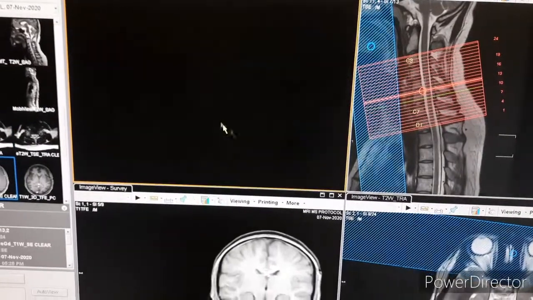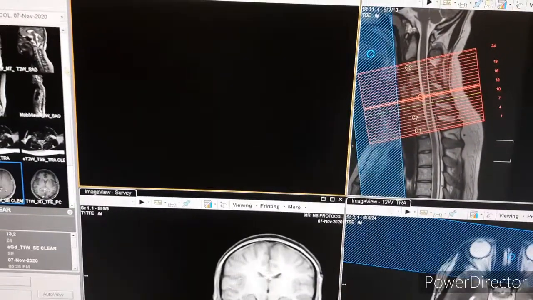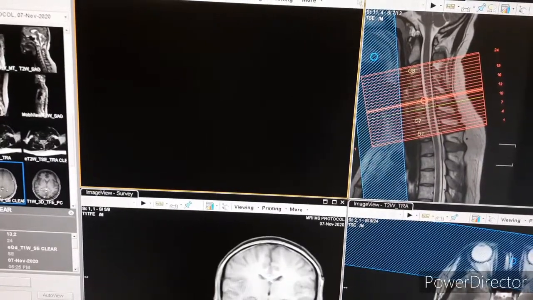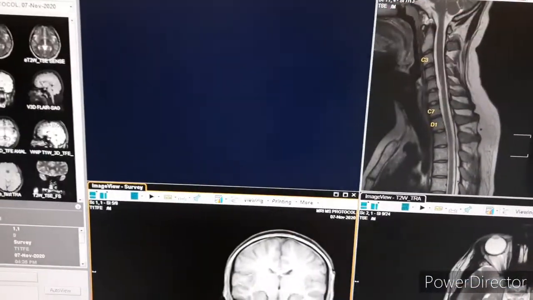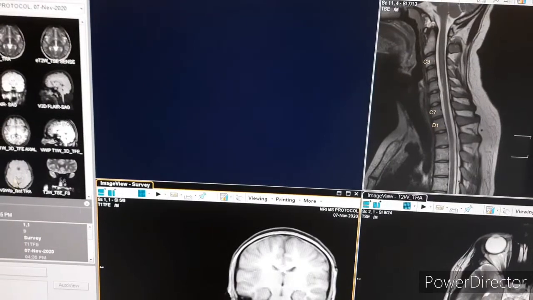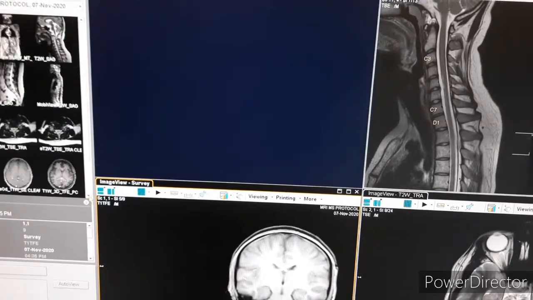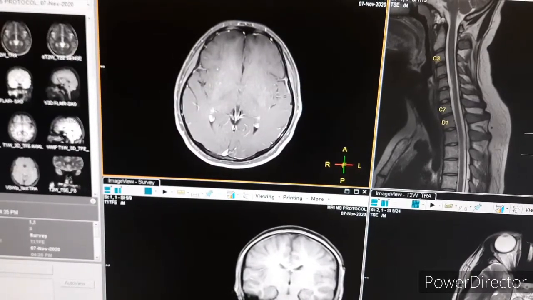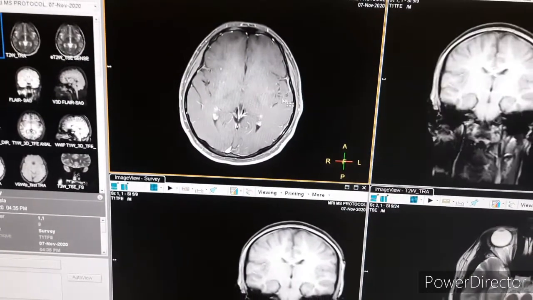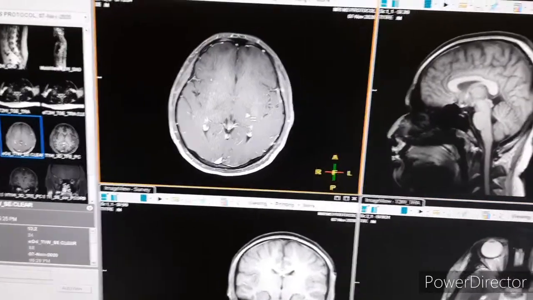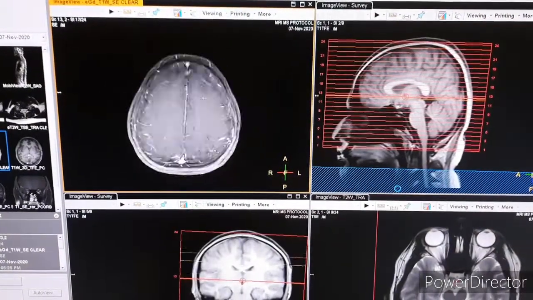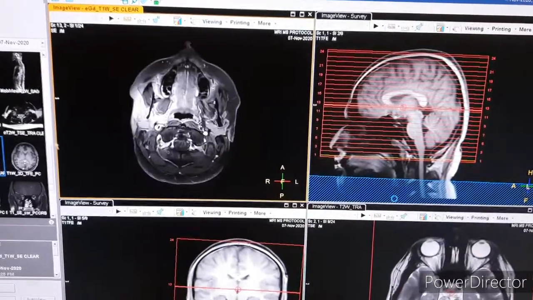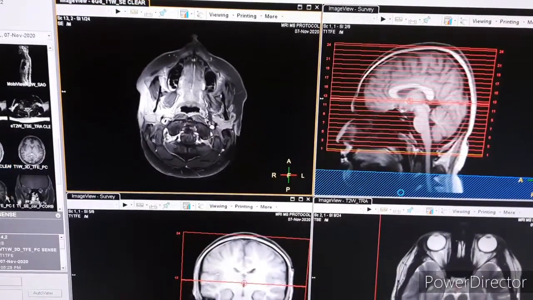Next is post contrast axial for brain. Next is 3D sag.